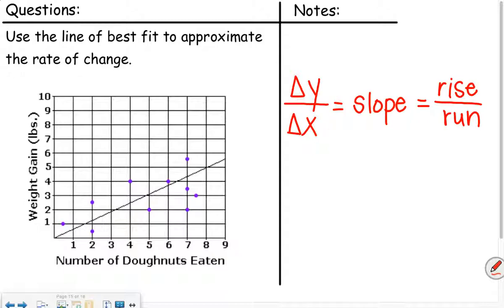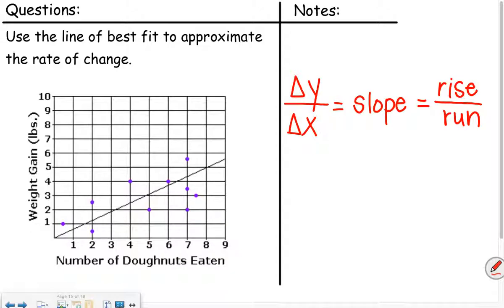Now keep in mind, if we had two blue dots that fell exactly on our line, we could use those to find the slope or the rate of change. But if you look at this graph, we don't have any dots that fall directly on that line. So I can't use any of those ordered pairs to help me find the slope.